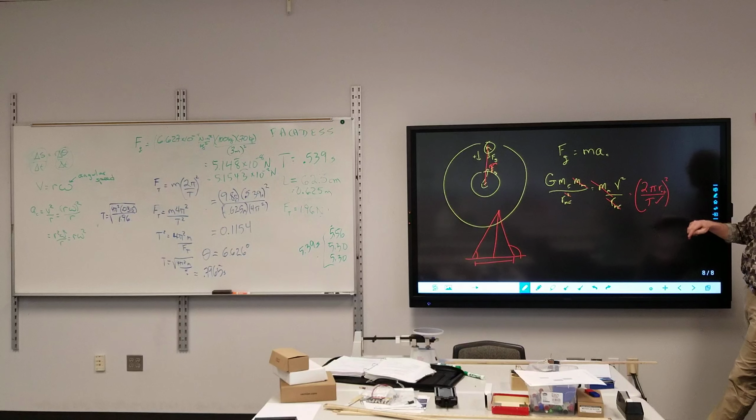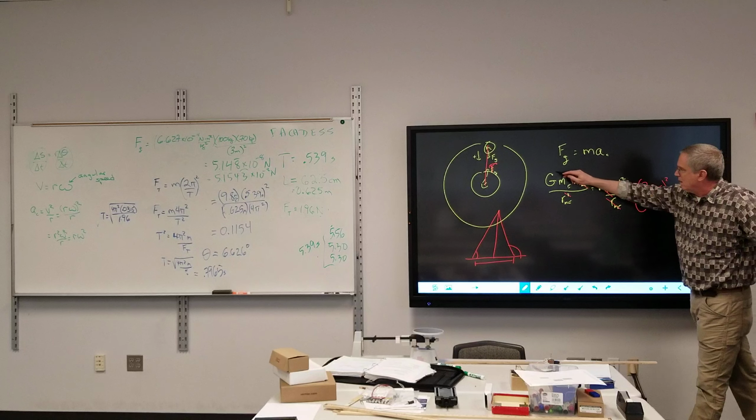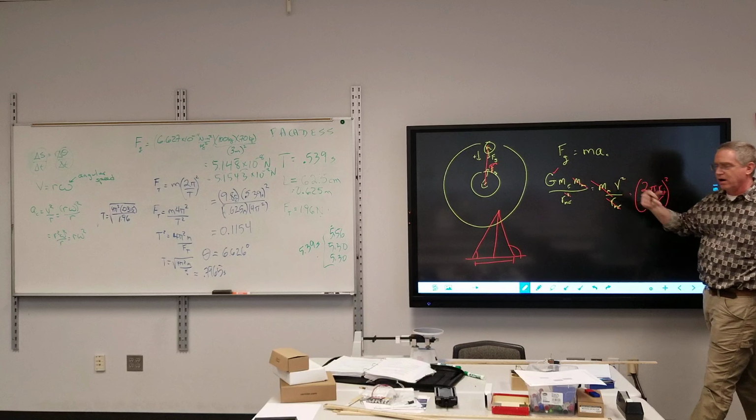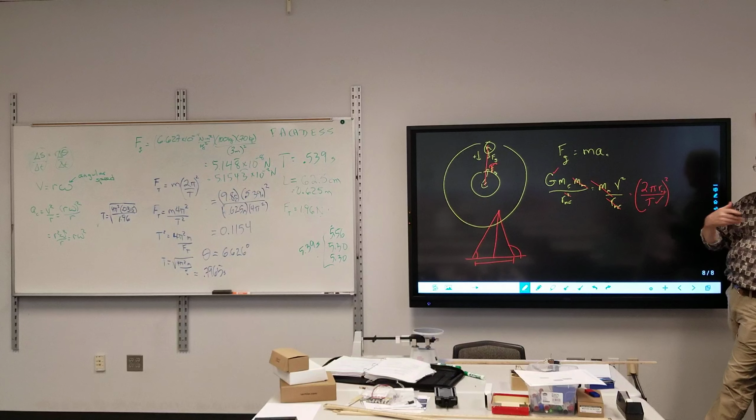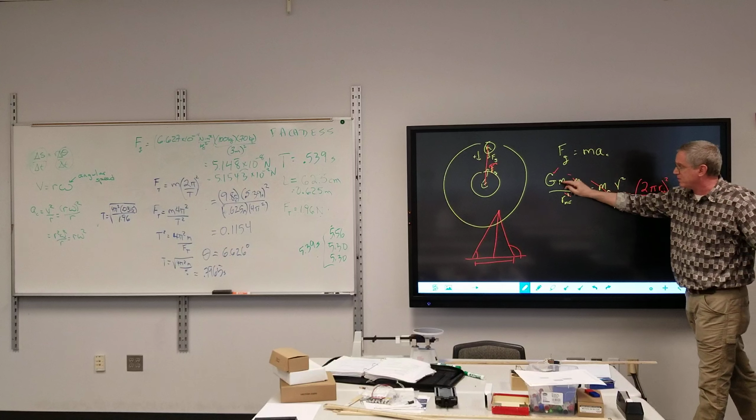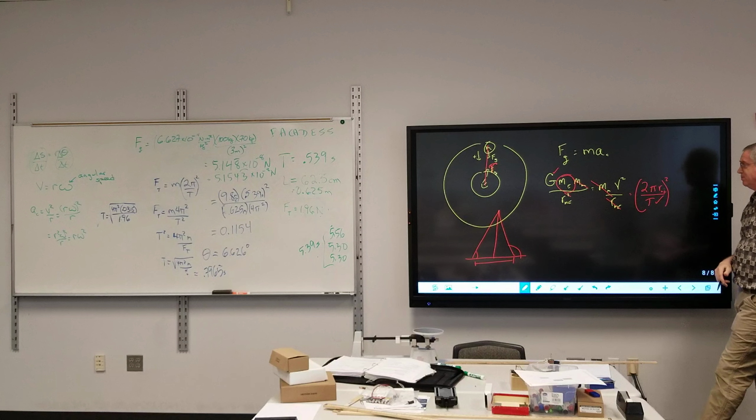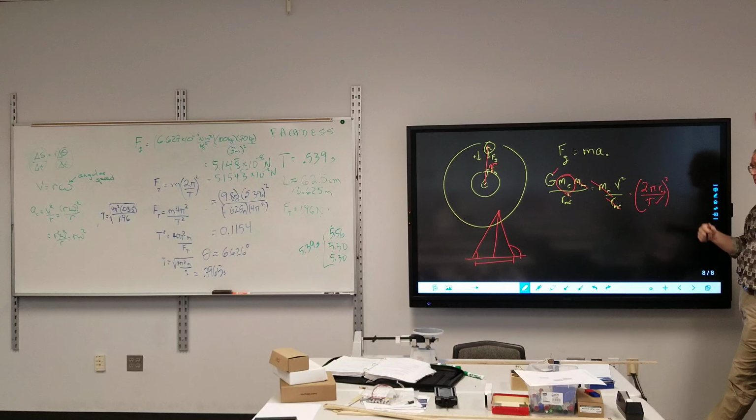So we know what the period is. So we know G, and R we can somehow figure out. In essence, at this point, we would look it up and we can find the mass of the Earth. Or if we know the mass of the Earth, we can figure out what R is, et cetera. But that's fine.